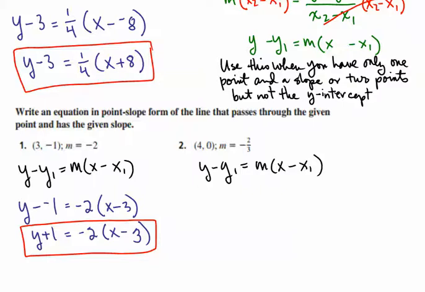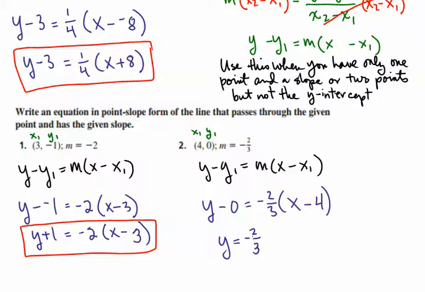Again, I didn't label in these cases, but you really should begin by labeling x1, y1, and your m is already labeled. So we know what to put where. So we get y minus y1, which is 0, is equal to negative 2/3 times x minus x sub 1, which is 4. The only thing I would do in this case is note that y minus 0 is really just the same as y. So I'm going to get y equals negative 2/3 times x minus 4.